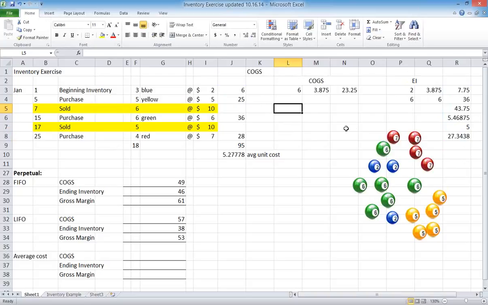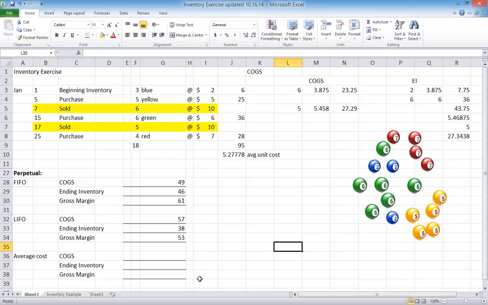And then we sold 5 at 5.468. And then that means we had how many left? We had 8. We sold 5, so that means we've got 3 left now at 5.68.